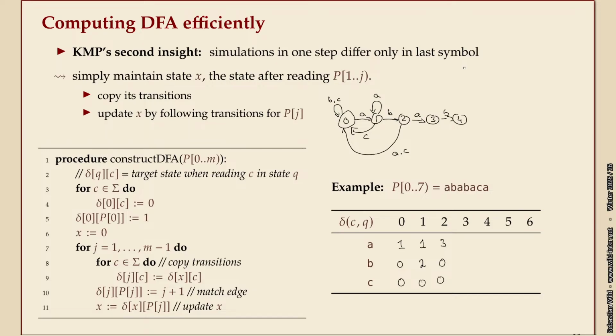State 3 means I've just seen ABA. Now, if I see a B, I know where to go. If I don't see a B, then I could either have another A or a C. Where does that lead me to? Well, get rid of the first character, do B, A, and then an A keeps me in state 1, and a C brings me back to 0.